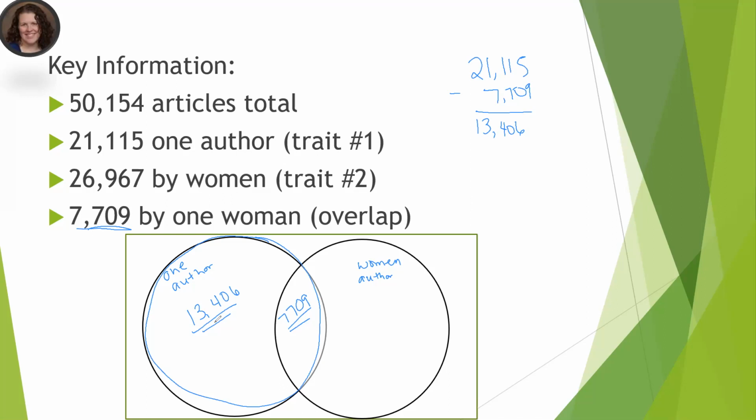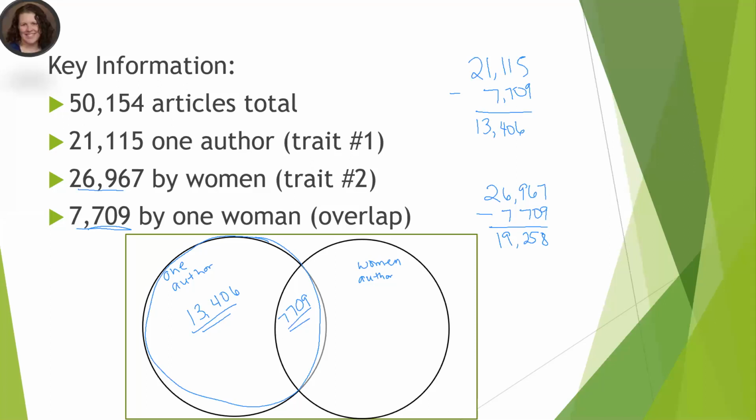Now to find the number of articles with women authors, we're going to take the total number of women, the 26,967, and we're going to subtract off the overlap. And we'll type that in and fill it out.